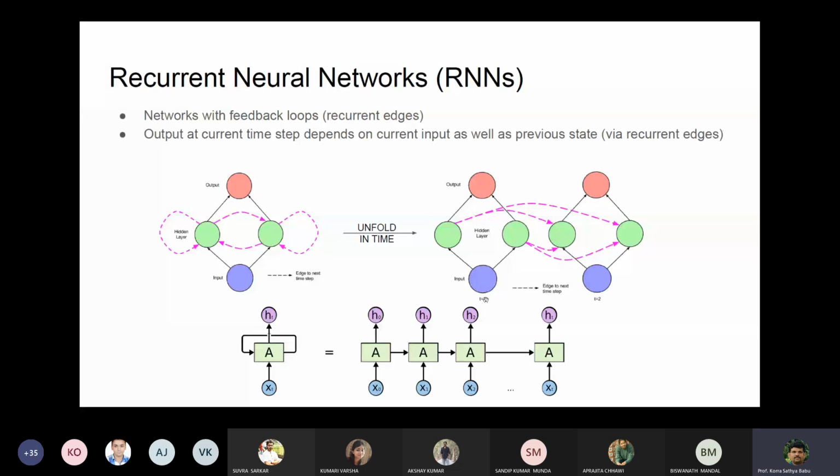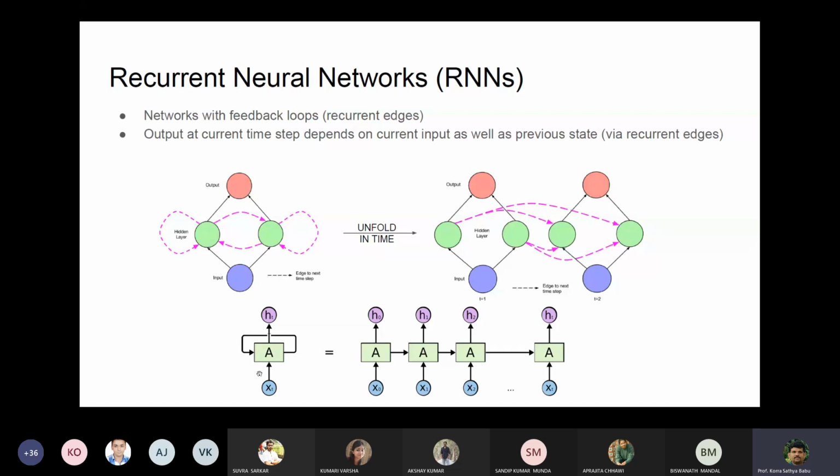That's why you can say that this is a recurrent neural network. So when you unfold this particular neural network, you can get it with respect to time. You can get it this way.